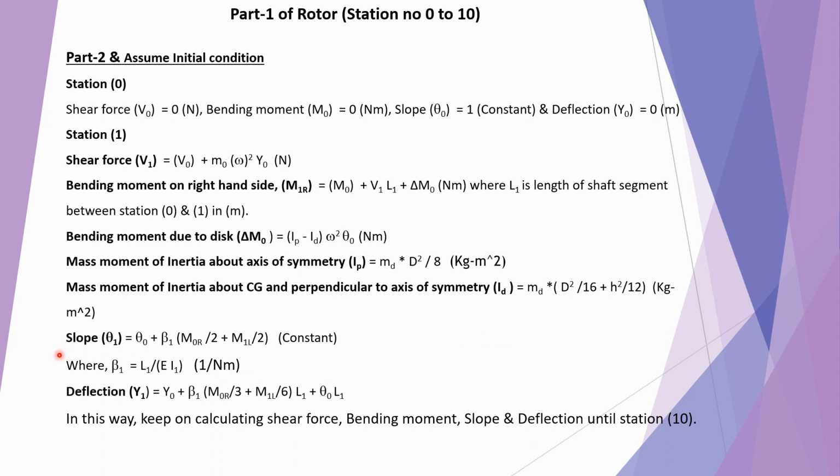Slope theta 1 is equal to theta 0 plus beta 1 into bracket start M0R upon 2 plus M1L upon 2 bracket close, and deflection y1 is equal to y0 plus beta 1 into bracket start M0R upon 3 plus M1L upon 6 bracket close into L1 plus theta 0 into L1. So in this way, keep on calculating shear force, bending moment, slope and deflection until station number 10.